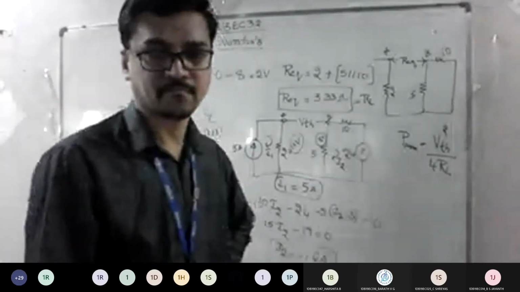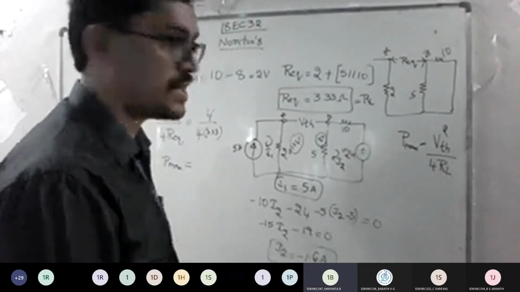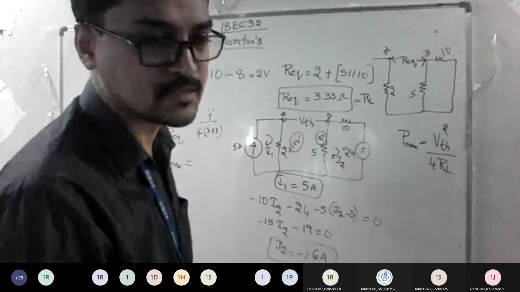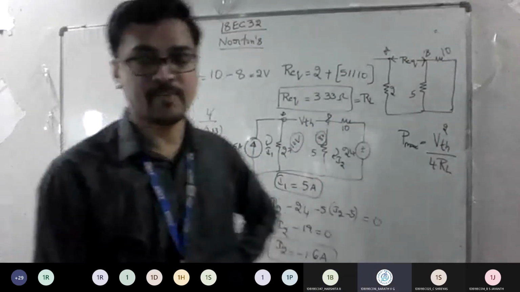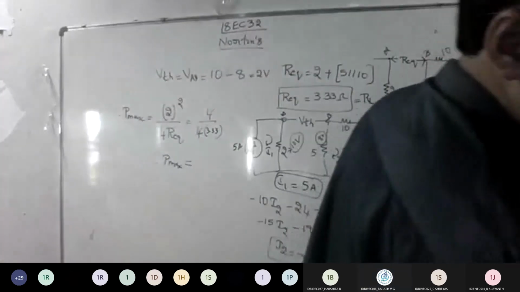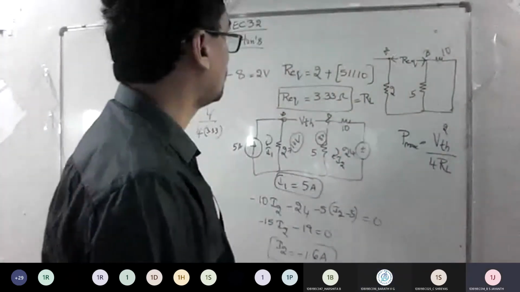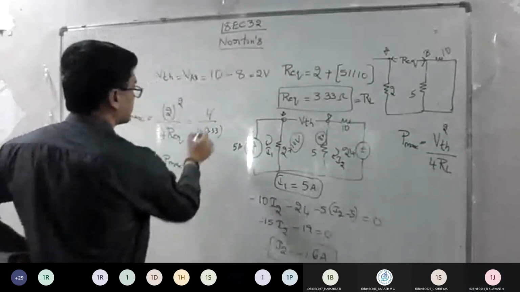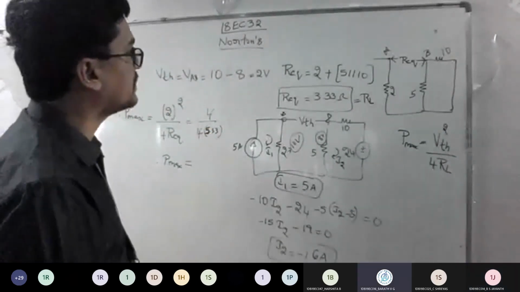How much here? 0.3 watts, sir. 1 divided by 5.33, sir. R equivalent is 5.33, sir. Yes. So you should take R equivalent.